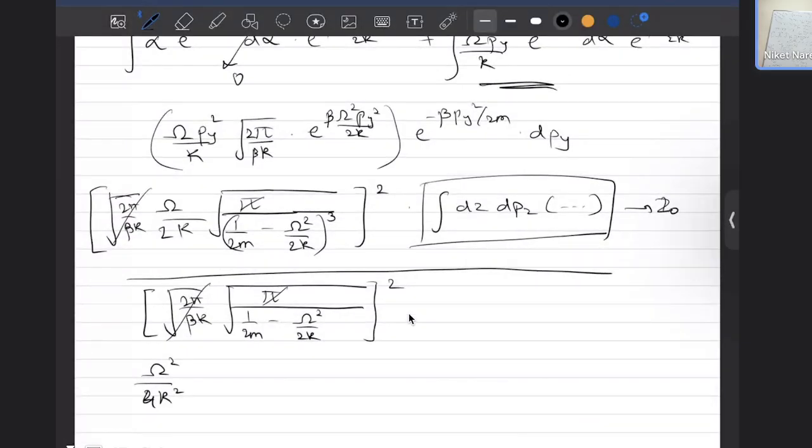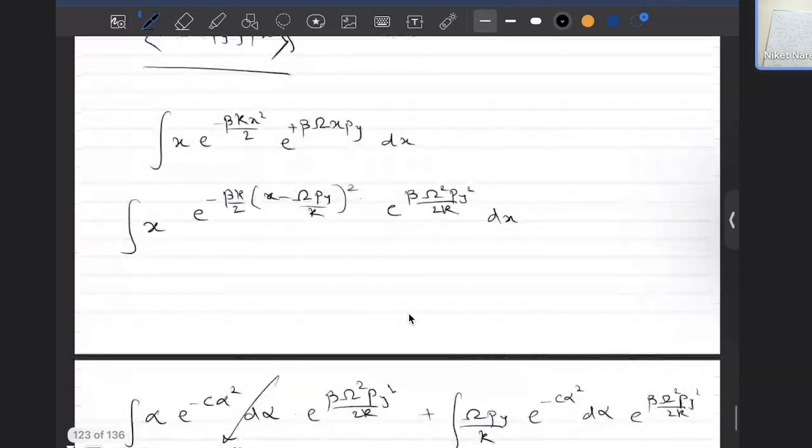Root pi will also go away, but I'll have something like 1 by 2m minus omega square by 2 kappa, the whole square is the term which remains into I0, which gets cancelled here. So this is the third term which we have. The other two terms are already evaluated.